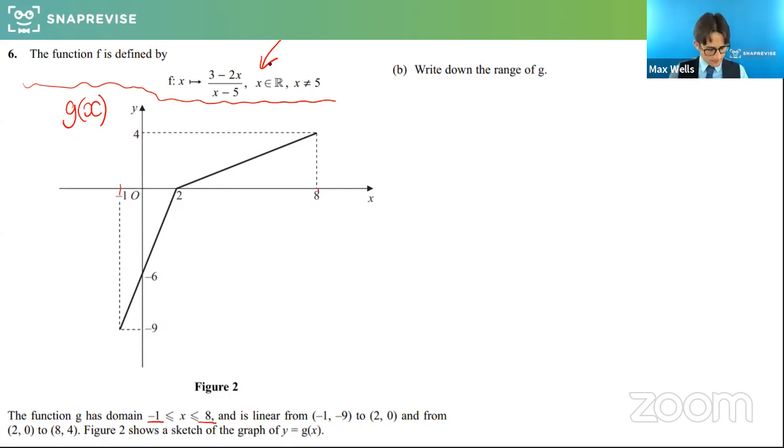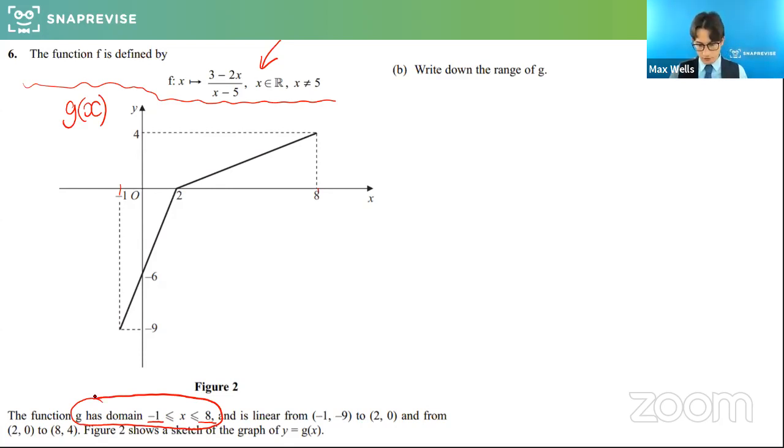Then it says write down the range of g. Any suggestions here? Remember what range refers to. Domain refers to the inputs, the x values, and range refers to the outputs. They've given you the domain of g and the graph of g.